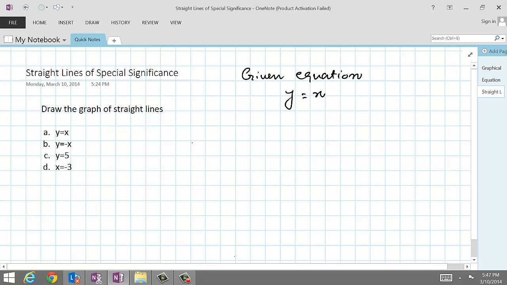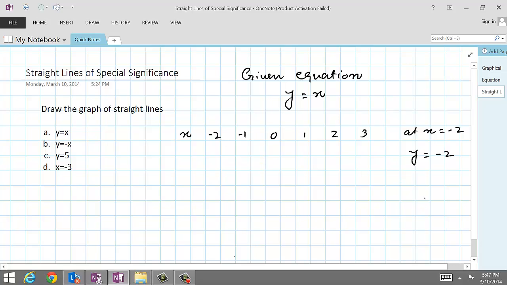Let's get started with -2 and then -1, then 0, then 1, then 2 and 3. These are enough values around the origin. As y is equal to x, at x equal to -2, y being equal to x is also equal to -2.